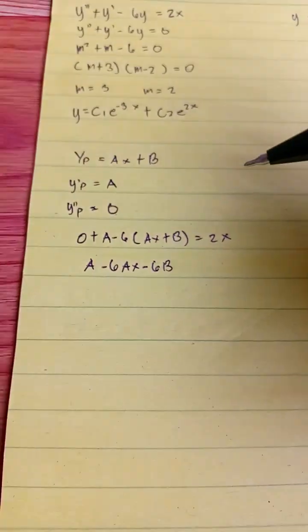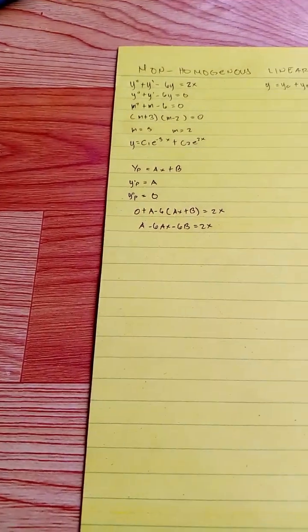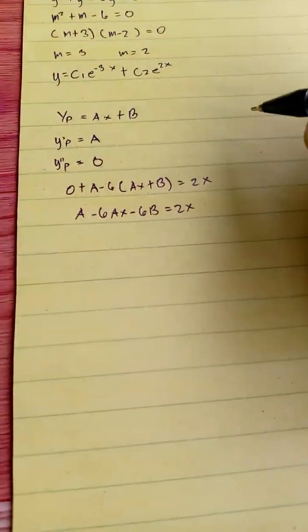a minus 6ax minus 6b is equal to 2x. Then next step, let's reorder.